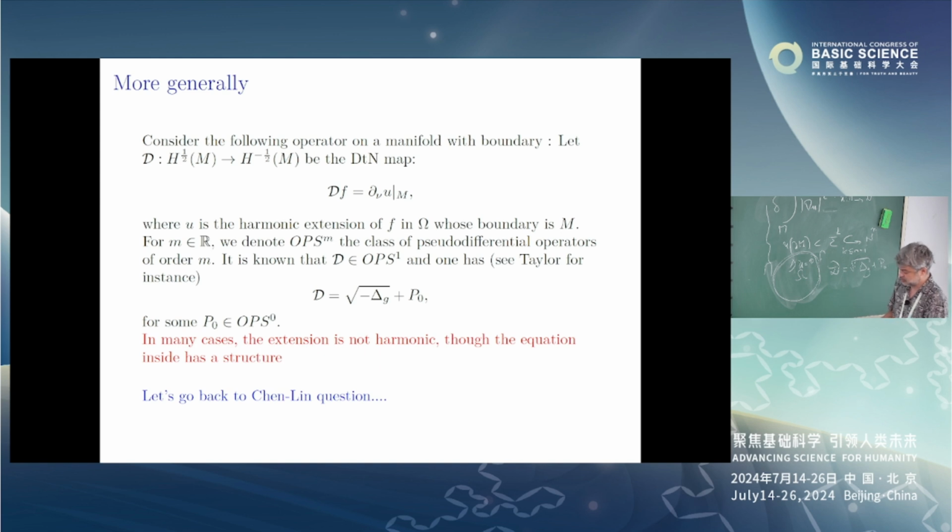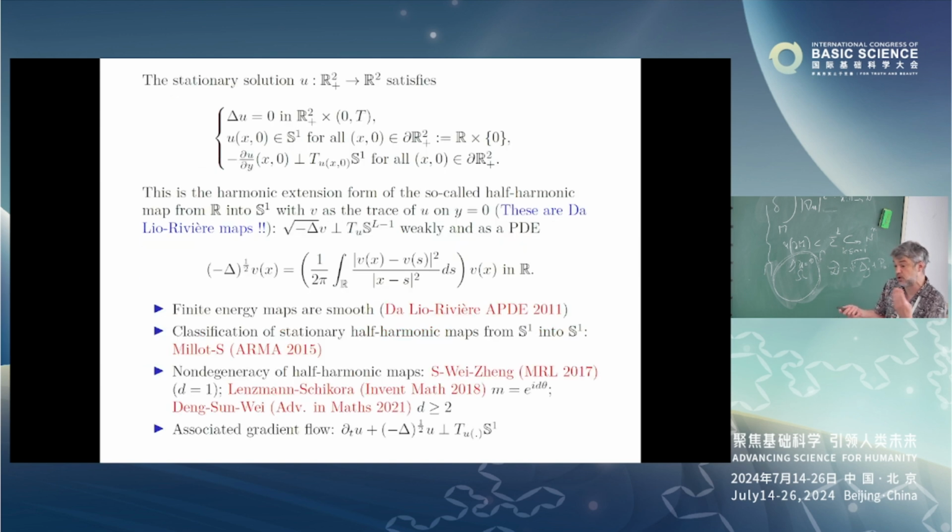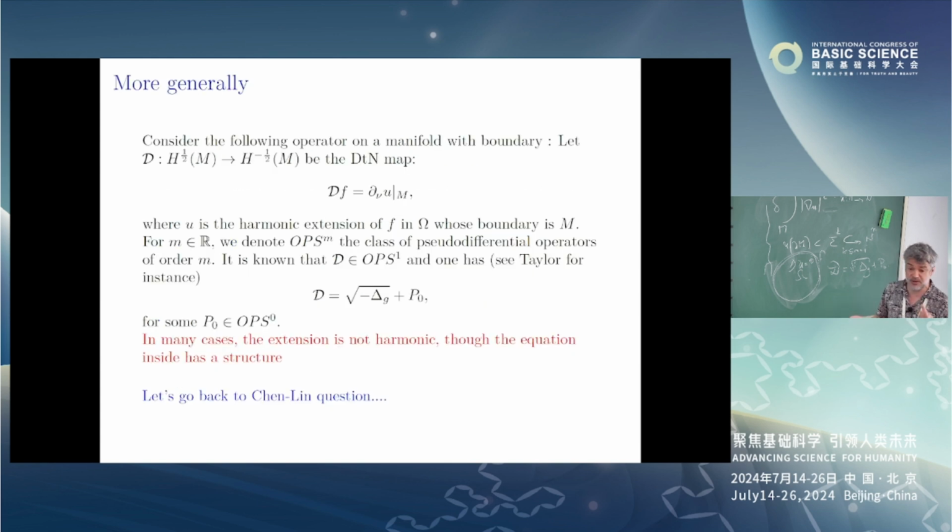So this point of view is some sort of generalization of what I was mentioning before, where you could do actually all the computation. But what it tells you, at least at the level of regularity, which is important for me, is that the main order is the square root of the Laplacian.